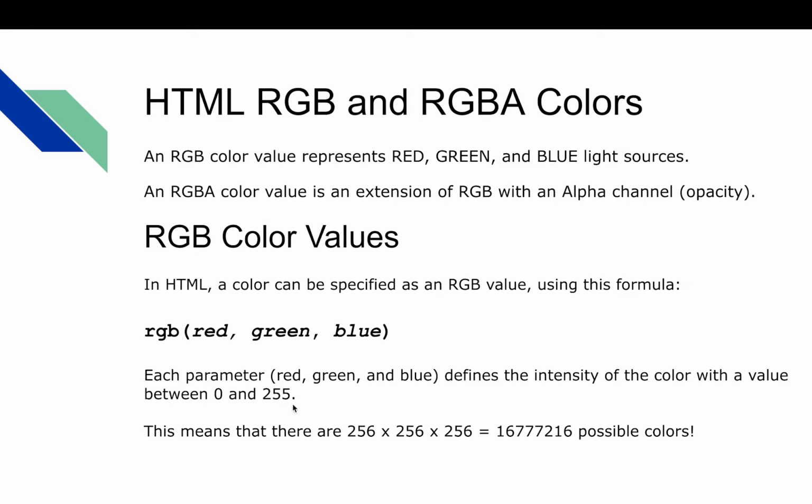So this means that there are 256 times 256 times 256, which is 16,777,216 possible colors. Yes. So like I said, the lowest value is 0, while the highest value is 255.